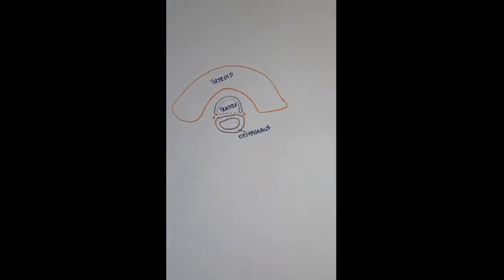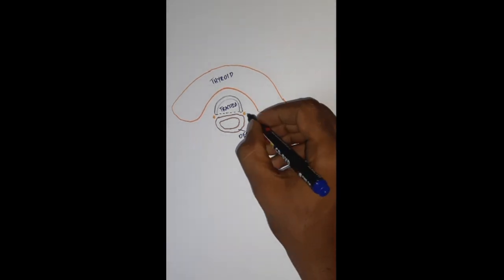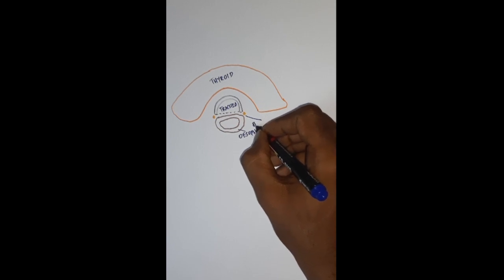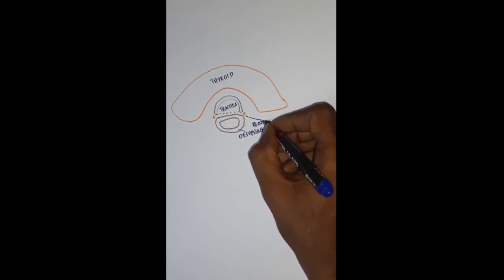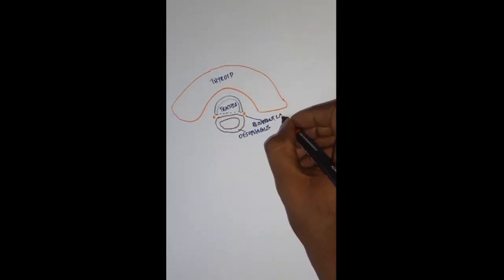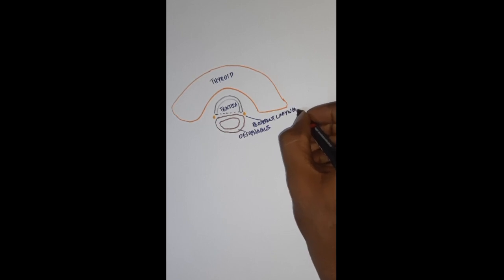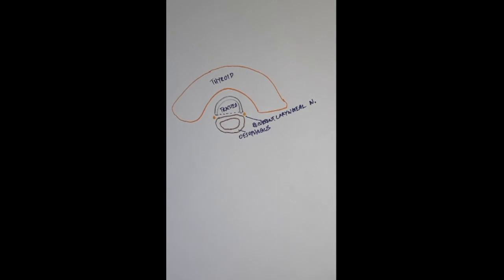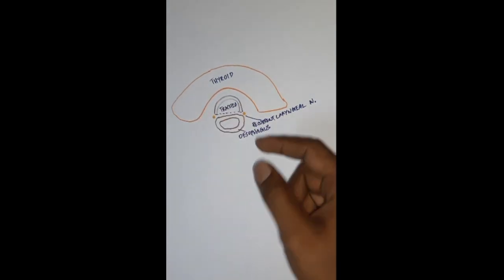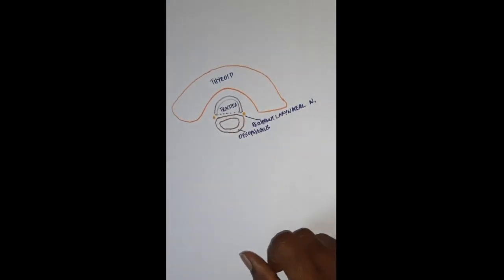The name of the nerve is recurrent laryngeal nerve. So on either side you can see the recurrent laryngeal nerve located in the tracheoesophageal groove. So first draw the thyroid gland, then the trachea, then the esophagus, then you can draw the recurrent laryngeal nerve that is located in the tracheoesophageal groove.